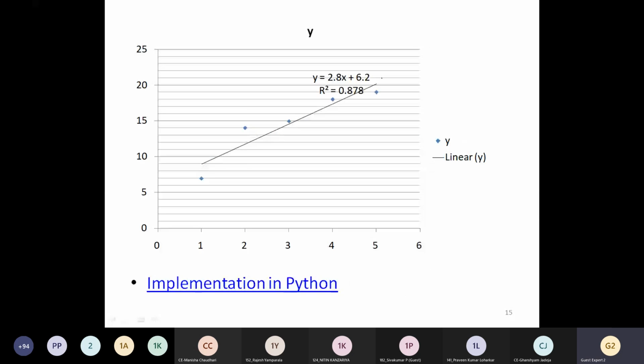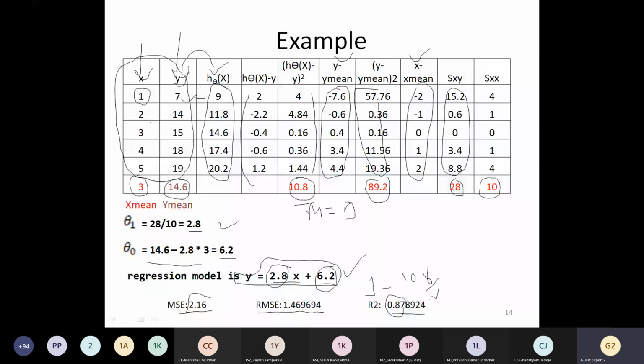So this is our estimator. This is our model, regression model. And these blue points are our actual points. So our regression model is y is equal to 2.8x plus 6.2. R square is 0.878 that we have already calculated here. So how will simple linear regression estimate?